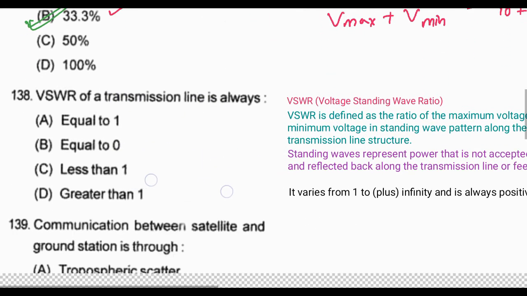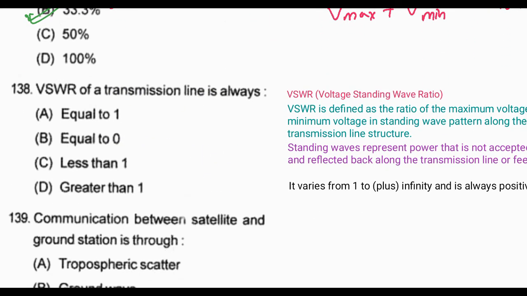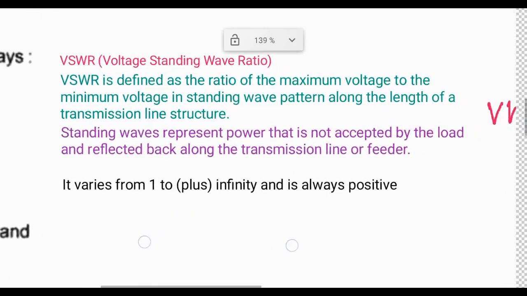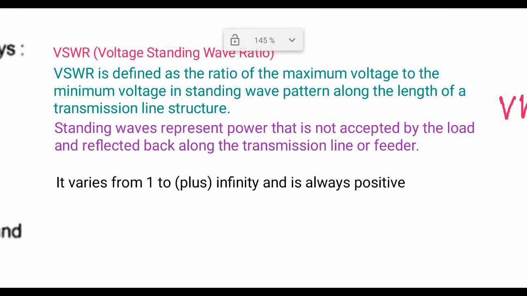Next question is: VSWR of a transmission line is always... First, what is VSWR? VSWR is the voltage standing wave ratio, defined as the ratio of maximum voltage to the minimum voltage in the standing wave pattern along the length of a transmission line structure.